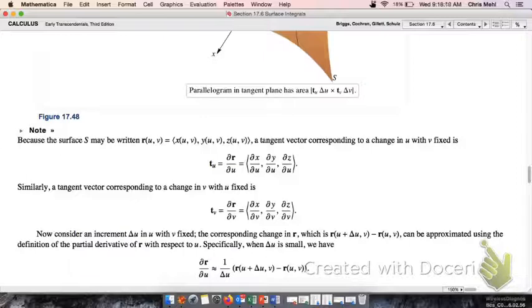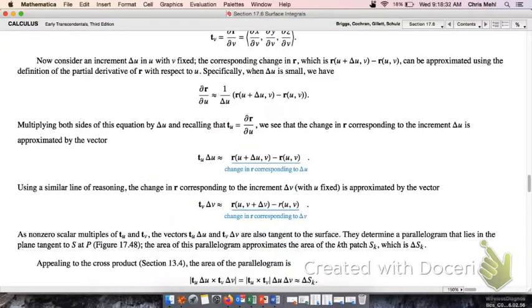You can do the same thing with a change in v with u fixed, so T sub v would be partial x, partial v, partial y, partial v, and partial z, partial v. This is really similar to finding a gradient, if you want to think of it that way.